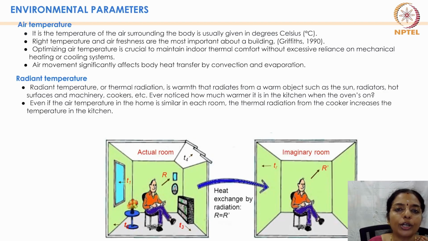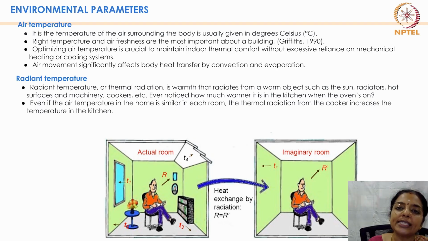Then we move on to environmental parameters. Now, air temperature. Air temperature is the temperature of the air surrounding the body and it is given in degrees Celsius. Air temperature and air freshness are most important about a building. Optimizing air temperature is crucial to maintain indoor thermal comfort without excessive reliance on mechanical heating or cooling systems.